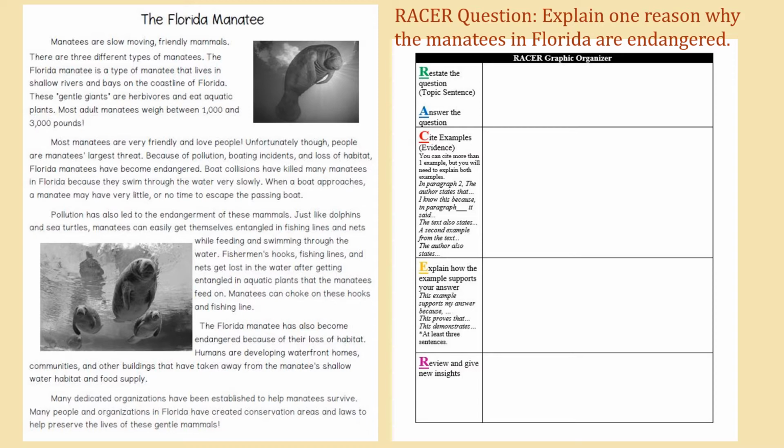The Florida manatee has also become endangered because of their loss of habitat. Humans are developing waterfront homes, communities, and other buildings that have taken away from the manatee's shallow water habitat and food supply.